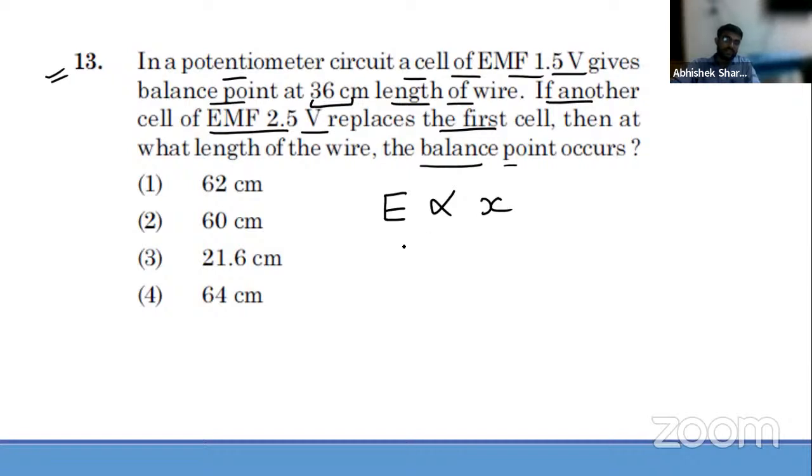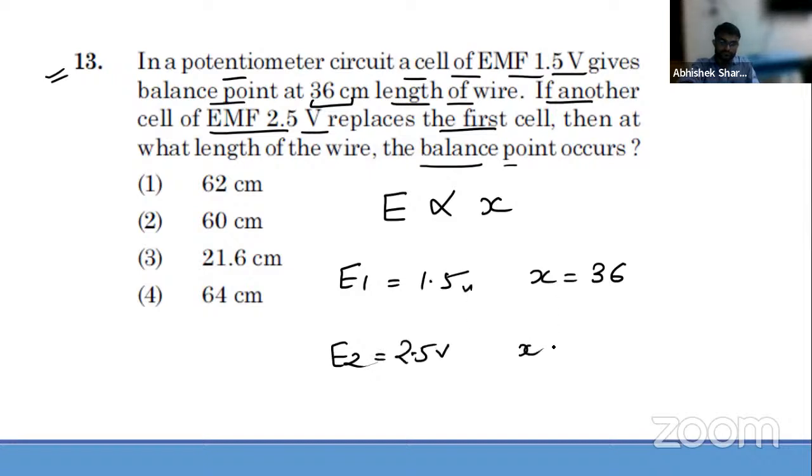Okay? So first, let us make a table. E1 is given as 1.5 and the balance point X is given as 36. When EMF is replaced by 2.5 volt, a new balance point will be, because these are subscript 1, so I've given 1 and second for the second case, how much? Just divide both, because it is a directly proportional relation.